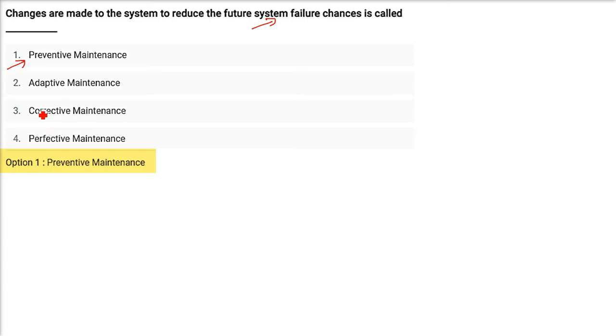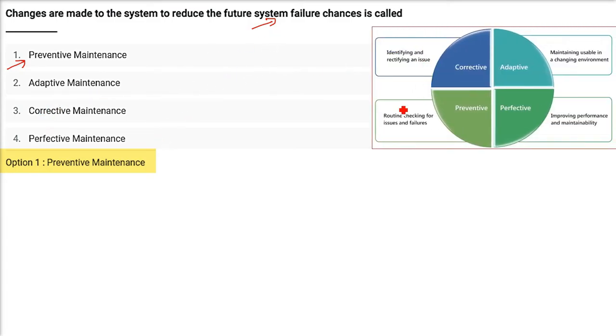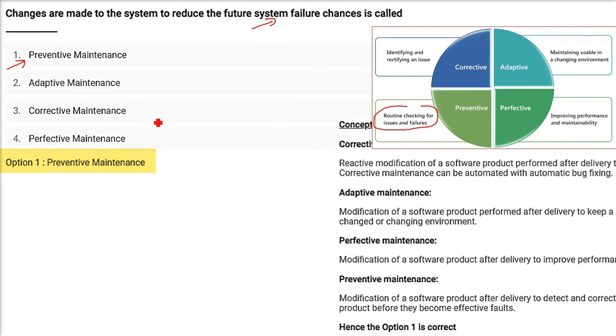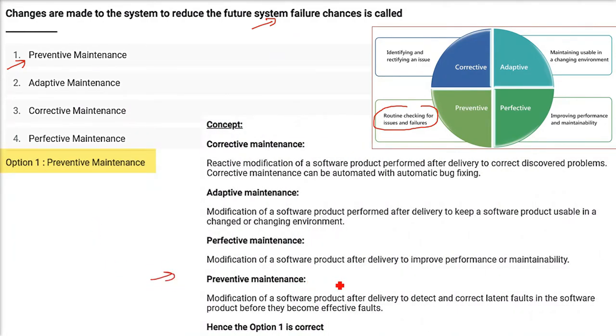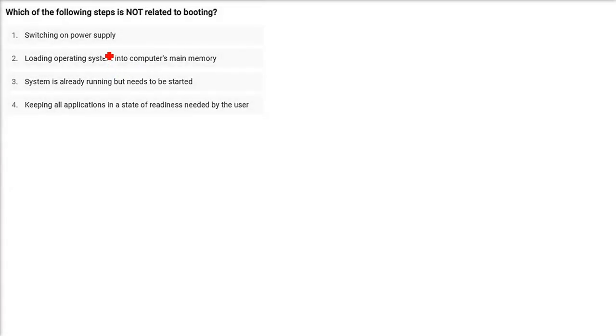Corrective is when the fire has happened, now you need to extinguish it. So preventive is all about routine checking for issues and failures, so the system does not fail. You can reduce the chances of failure. These are all different types of maintenance which you see here. So preventive is modification of a software after delivery to detect and correct the latent faults in the software product before they become effective faults.